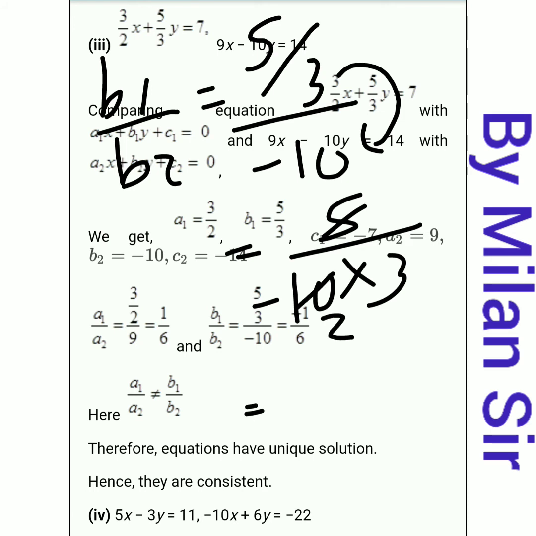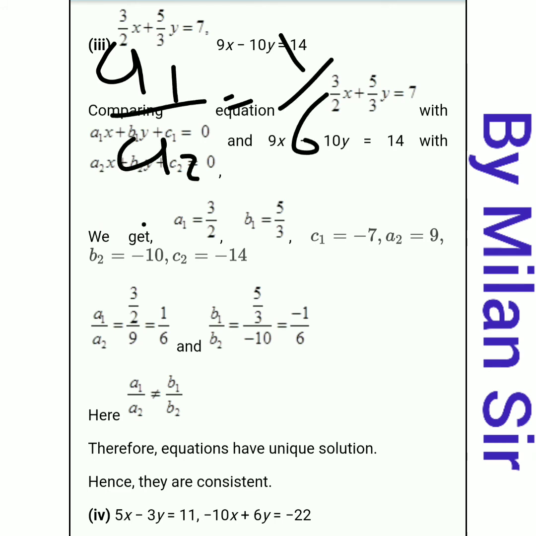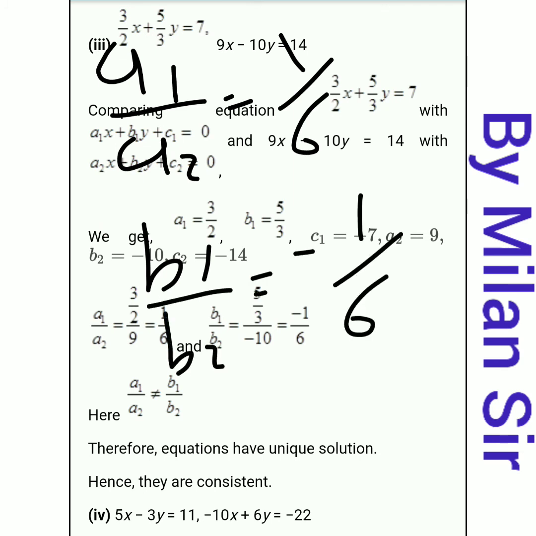Nothing is remaining in the numerator, so it is 1. Here 3 into 2, it's 6. And the minus sign is present here, right? So finally here we have A1 upon A2 is equal to 1 by 6 and B1 upon B2 is equal to minus 1 by 6.